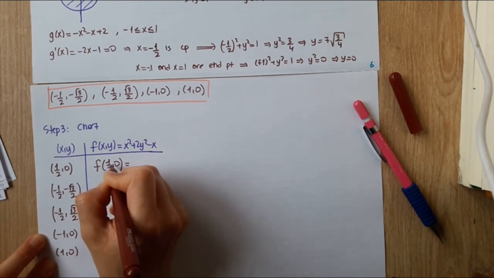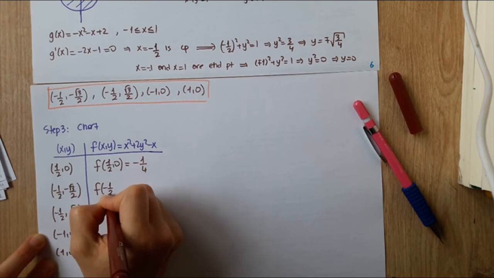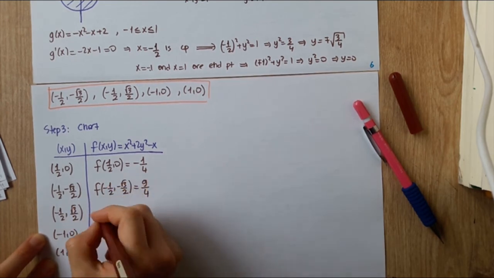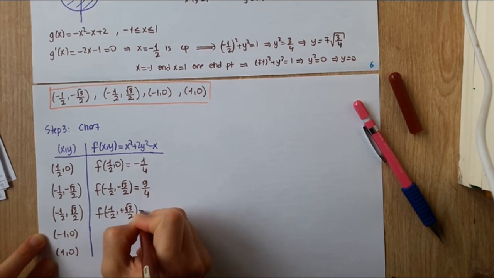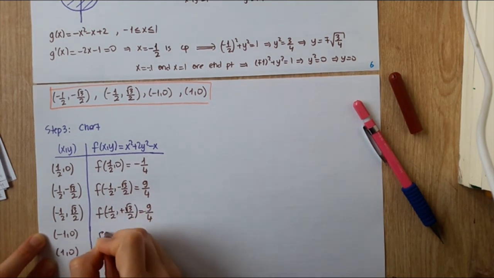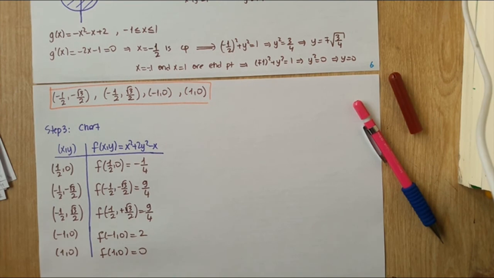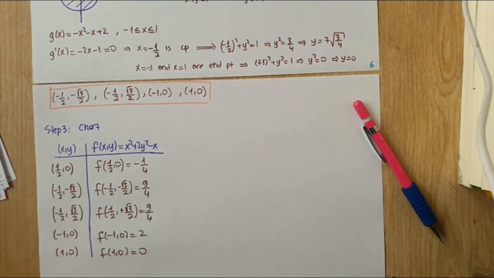If you substitute this point here, then you will obtain minus 1 over 4. F of minus 1 over 2, minus square root of 3 over 2 is 9 over 4. F of minus 1 over 2, plus square root of 3 over 2 is 9 over 4. F of minus 1, 0 is 2, and f of 1, 0 is 0. If you look at these values, you will see that the maximum value is 9 over 4 and the minimum value is minus 1 over 4.